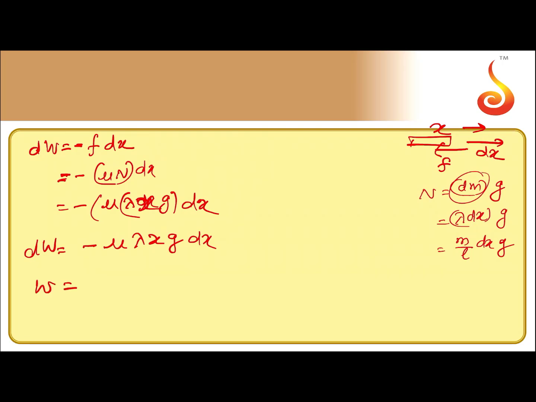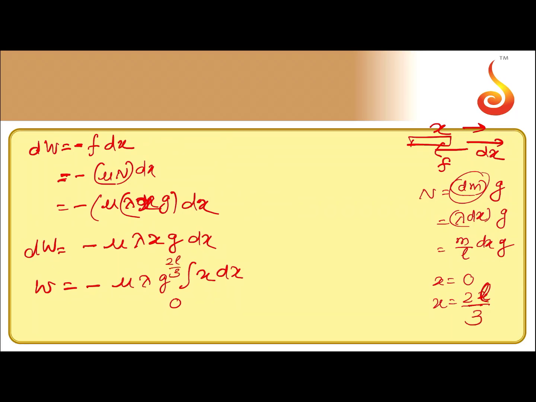So total work done is equal to minus mu lambda g into the integral of x dx, and how much part is to travel? The length of the part which travels starts from x equal to 0, and the final part is 2L divided by 3.